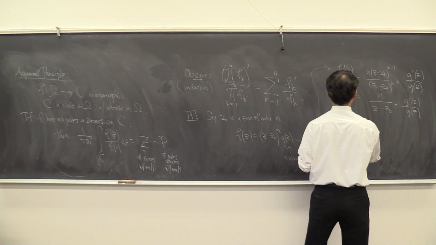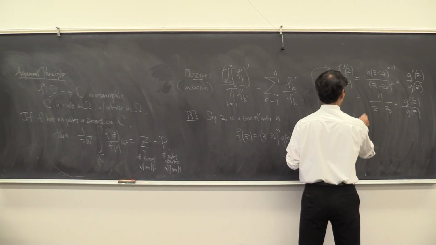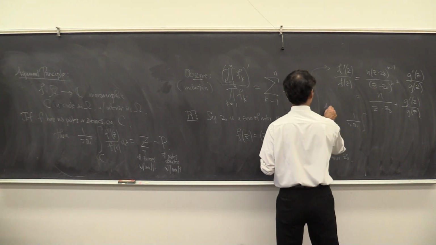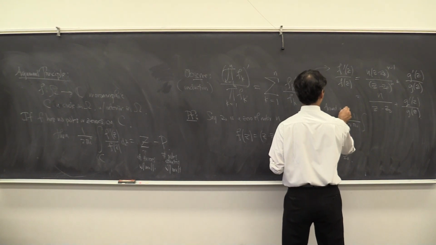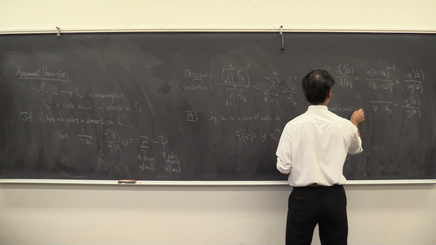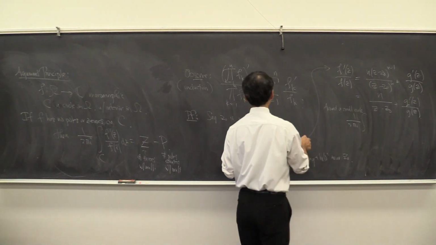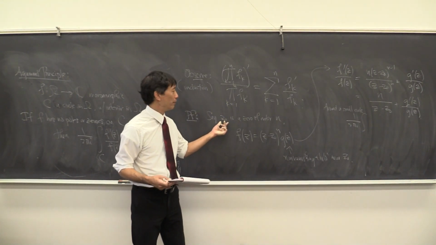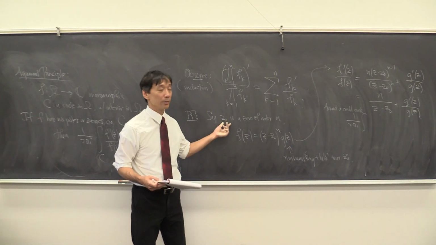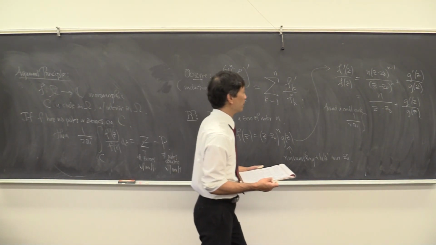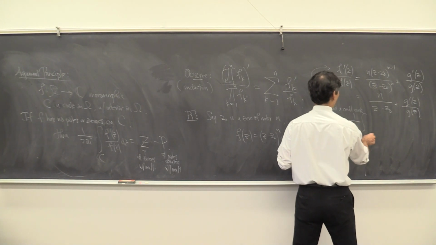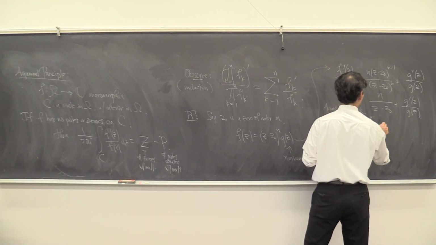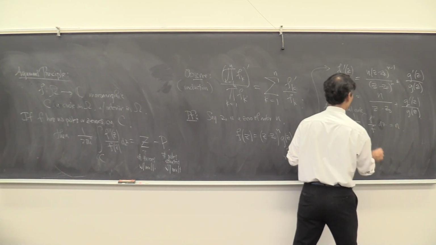So what does that tell you? If we take a small circle, C sub epsilon, around z naught that doesn't have any other zeros inside of it, we get that the integral is going to be n.